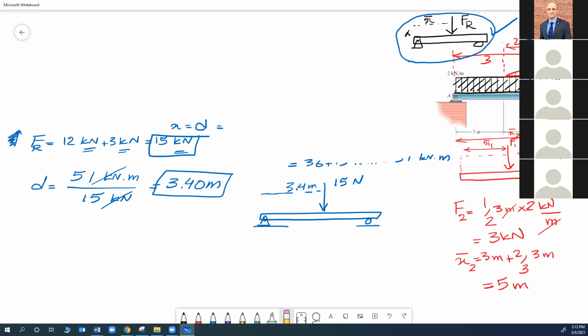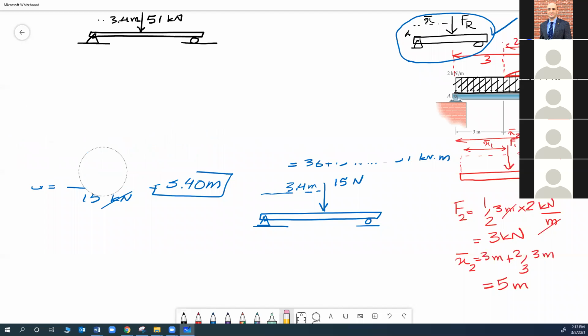Okay. So right now what I have is a beam with pin, with roller on one side, and 15 kilonewtons located at 3.4 meters. This is what I want to do. Now I got to draw a free body diagram.